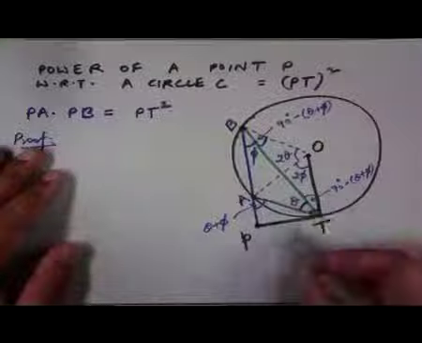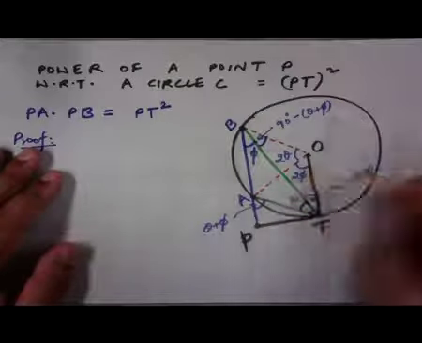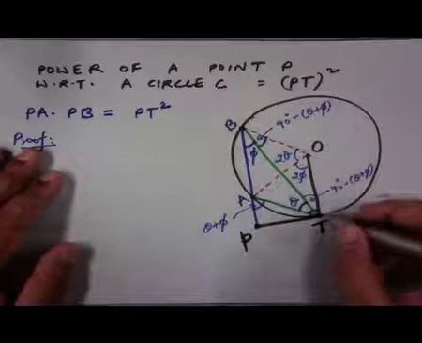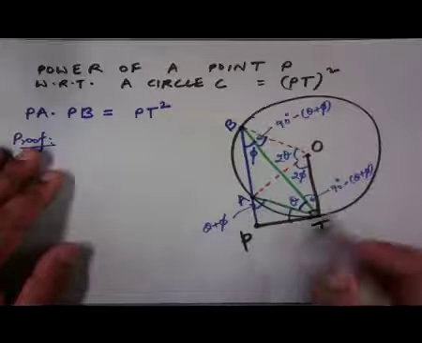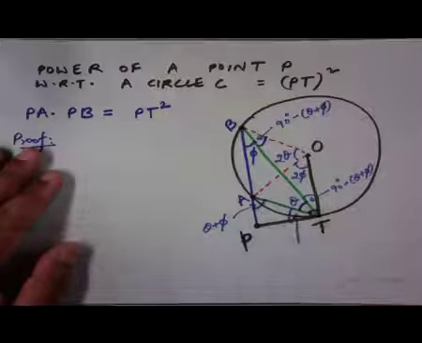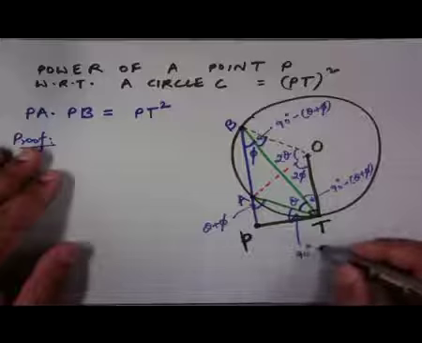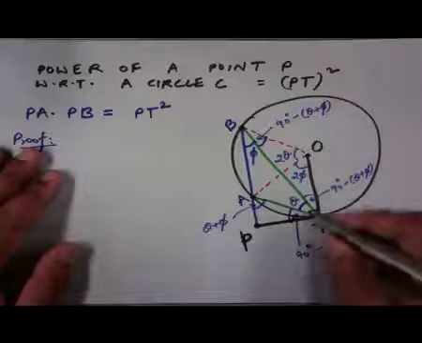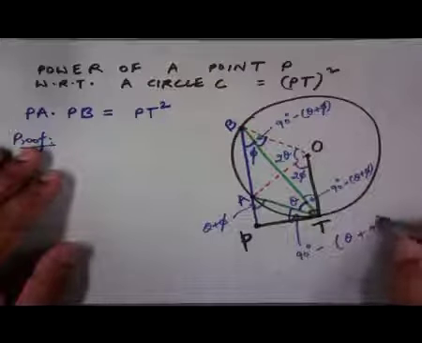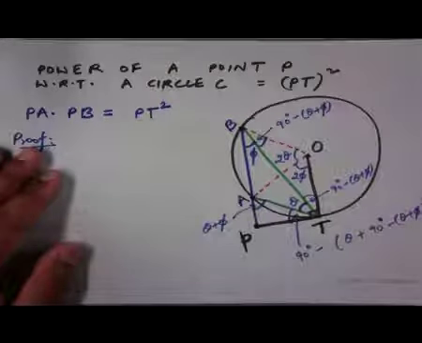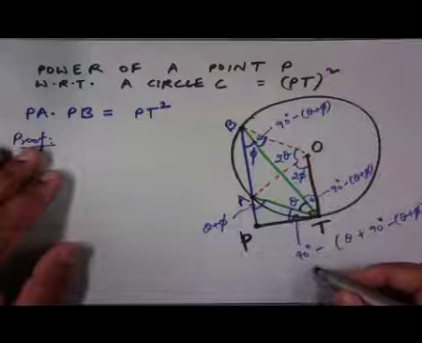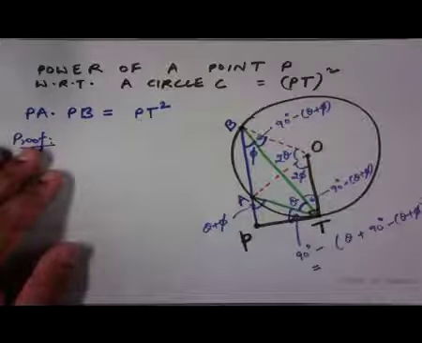Now, since this PT is a tangent to this circle at this point T, the angle PTO is 90°, and therefore, this angle ATP must be equal to 90° minus theta plus this other angle, which is equal to phi.